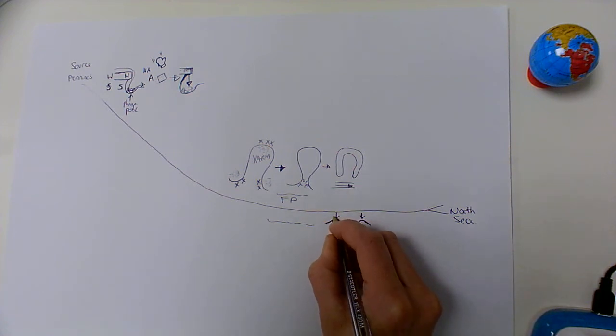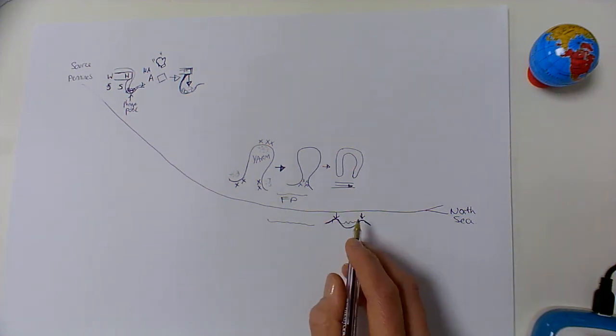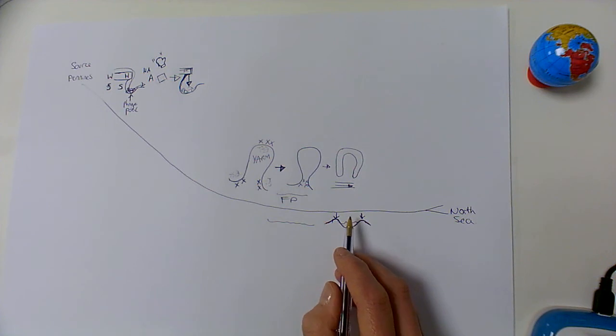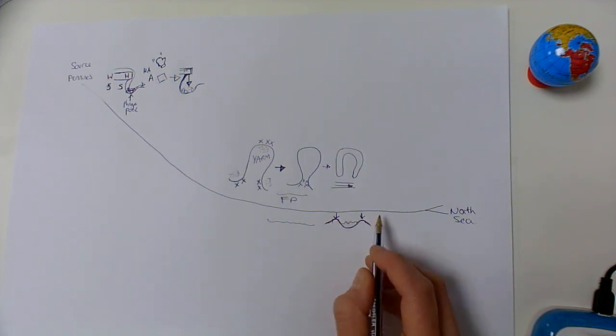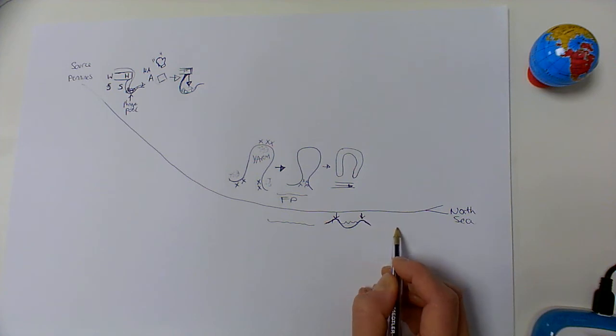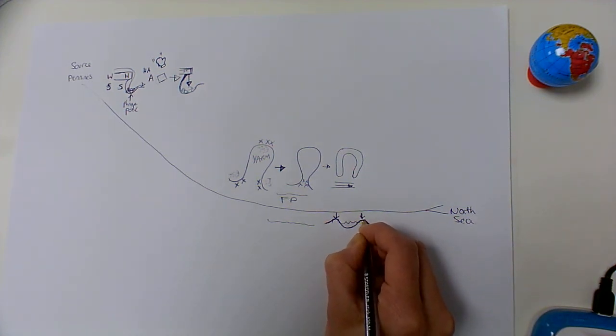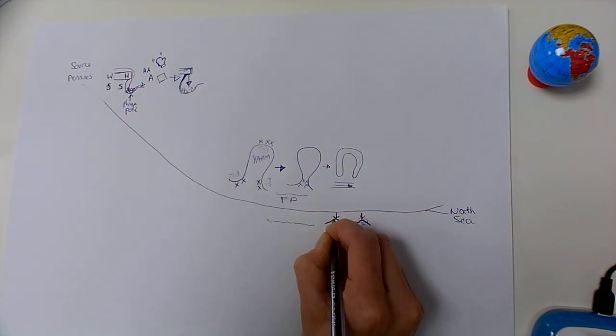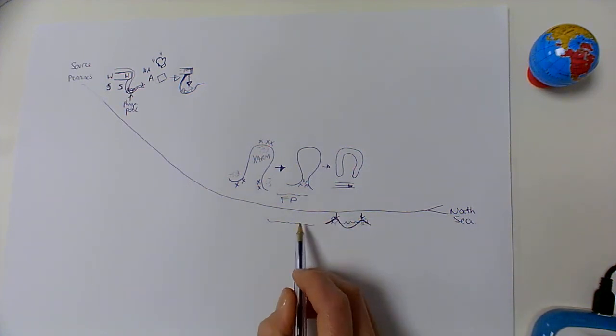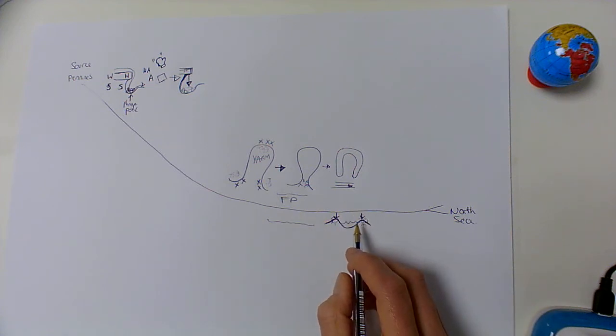Levees are natural embankments, and these are created when, during a flood, a river deposits its material onto the floodplain, but the heaviest material will be deposited first. So it ends up being deposited on these embankments, and the lighter material is carried further onto the floodplain, which is very fertile for farming, so very good for farmers.